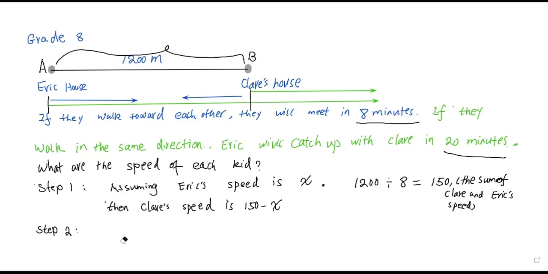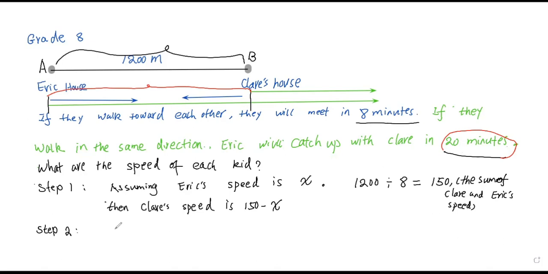Let's redo this part. It takes Eric 20 minutes to catch up with Claire. Again, we make use of this 1200 meters. That means Eric walks 1200 meters more than Claire in 20 minutes.